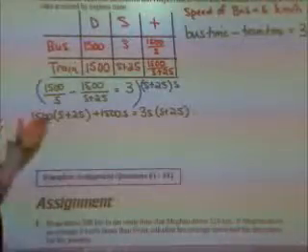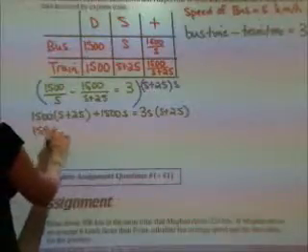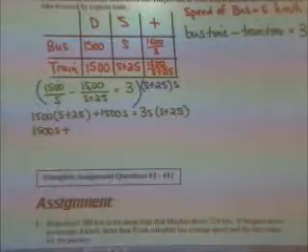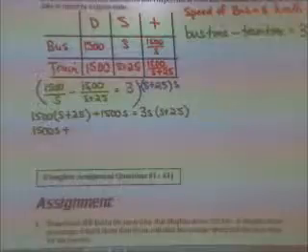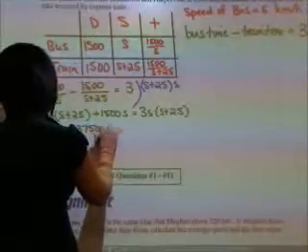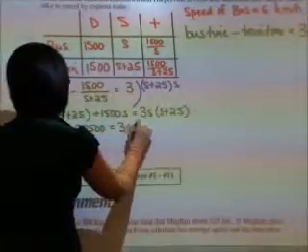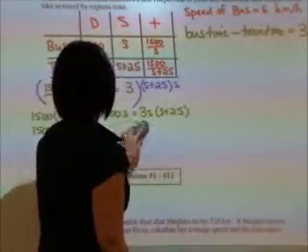So if I multiply through to remove my brackets, 1,500S plus, what is 1,500 times 25? 37,500. Okay. And then I have 3S, oh, sorry, I forgot about the 1,500S.